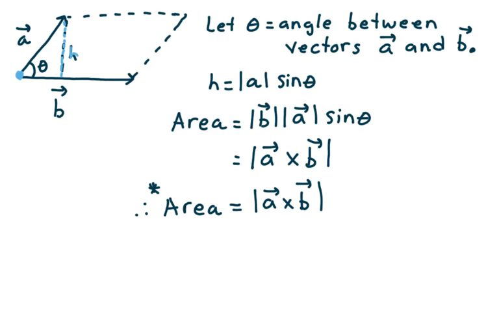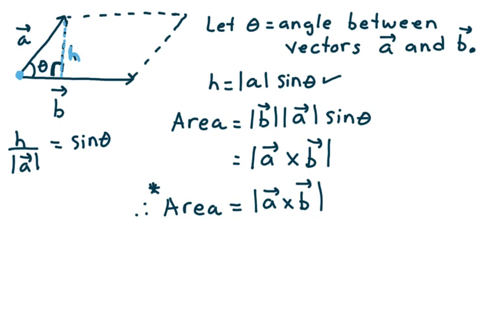That's right here. And I'm going to use a little bit of trigonometry. So if you notice, this is a right triangle. And so h divided by the length of A is equal to sine theta. And so all I'm going to do is multiply both sides by the magnitude of A, or the length of A.